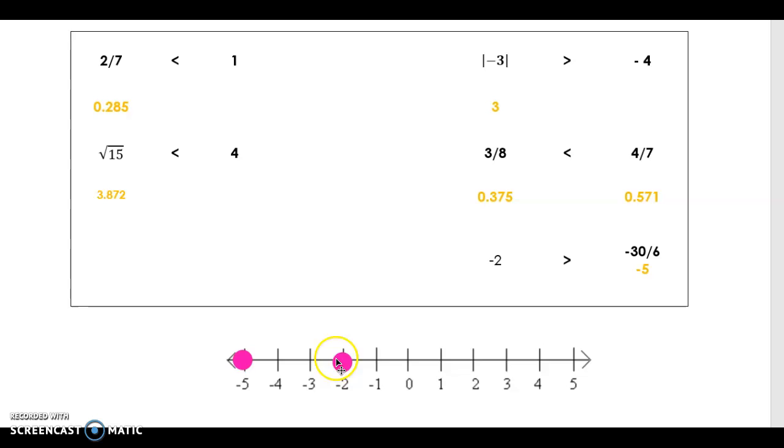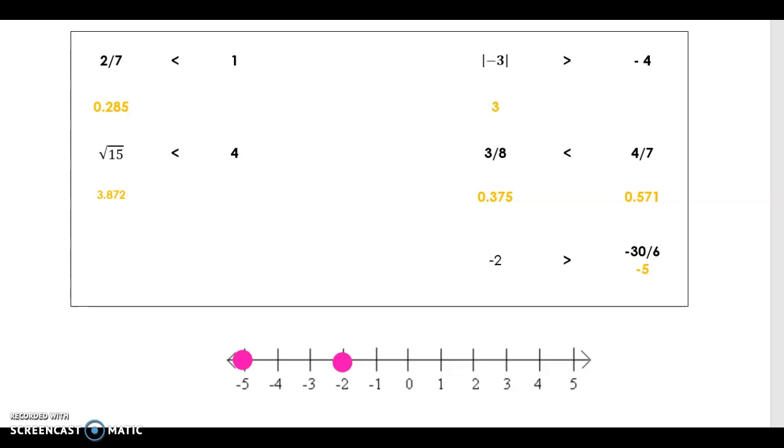It's closer to 0. It is farther to the right, which is how number lines are organized. The larger the number, the farther to the right it is. So sometimes it's not a bad idea to take a minute, draw on a number line just to double check yourself that the negatives didn't trick you.